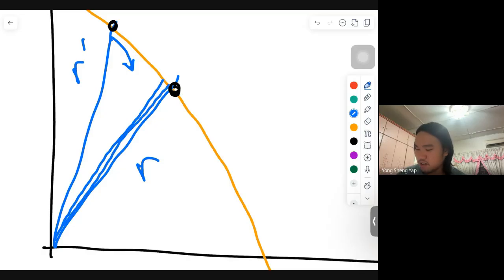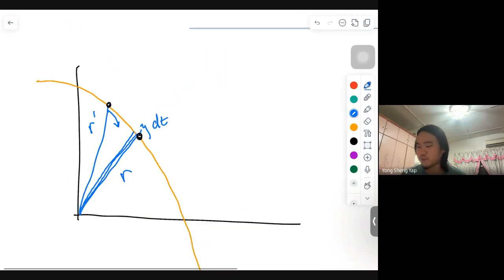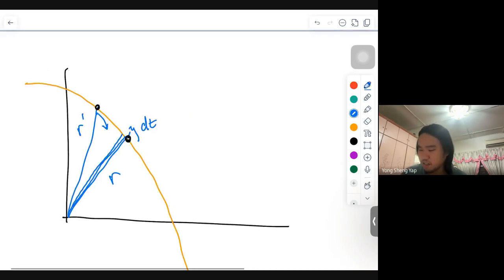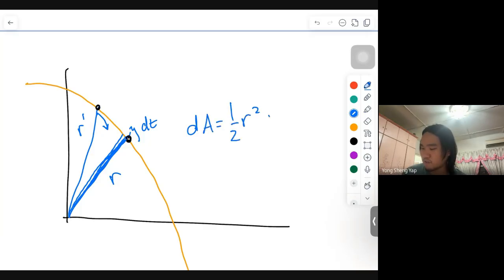As long as it's really near in a time step of dt, the two distances between the reduced mass and the origin should be similar. So this really small area can always be written as 1/2 r squared d theta. We're talking about the area swept out in a very small amount of time.